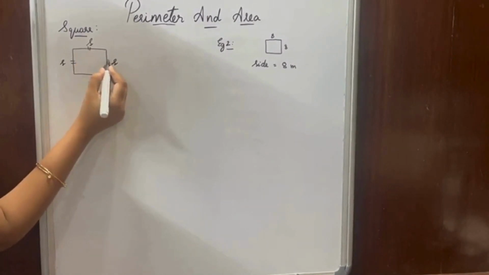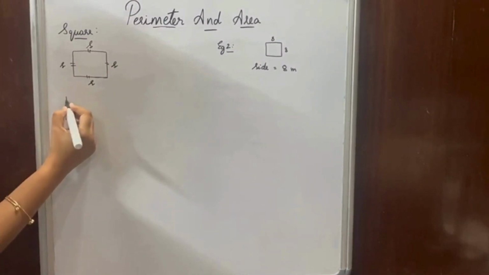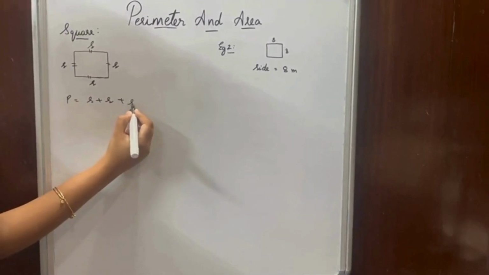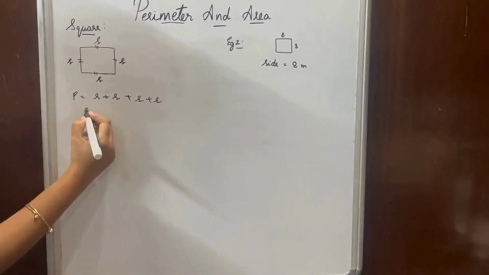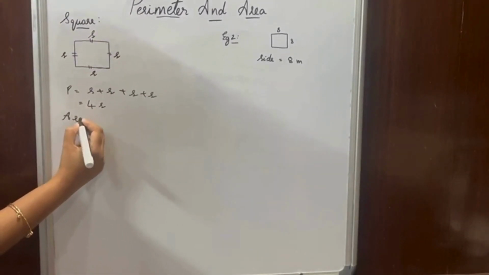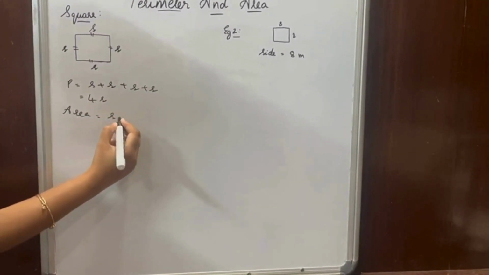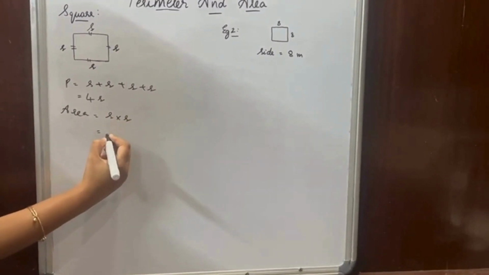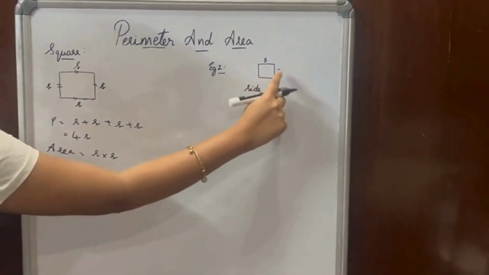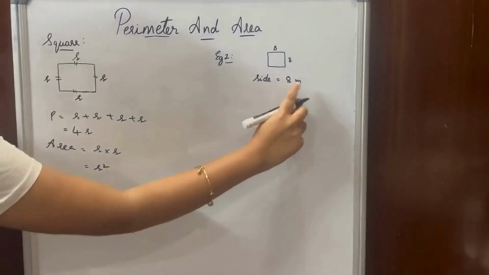So the next example is the square. In the square, all four sides are equal. So it is like S plus S plus S plus S. So the perimeter of the square is 4S. The area of the square is S into S, S square.